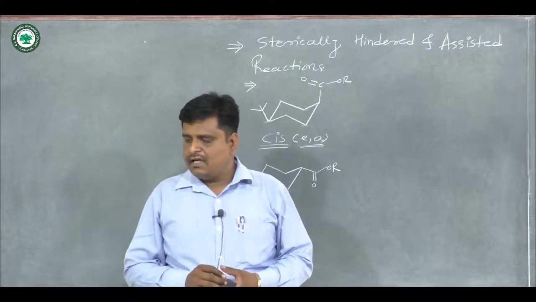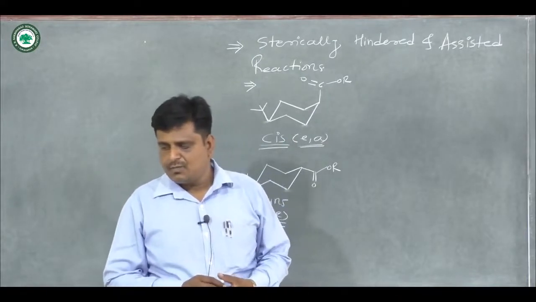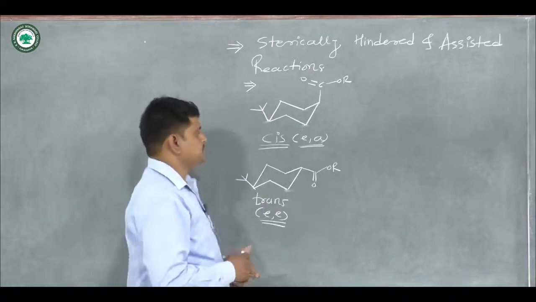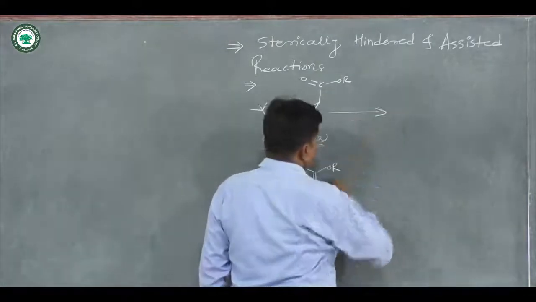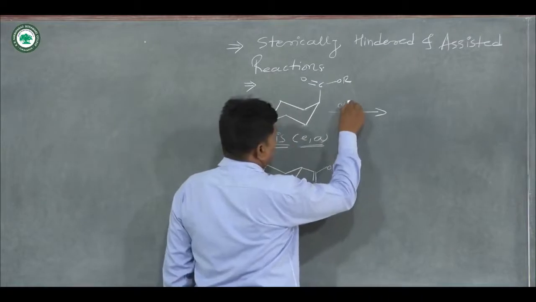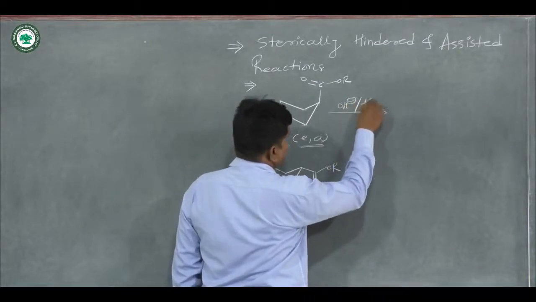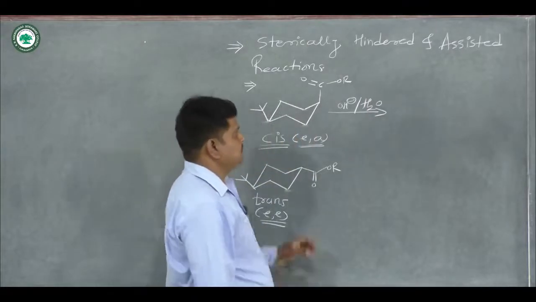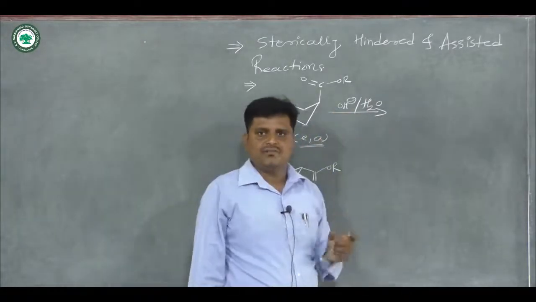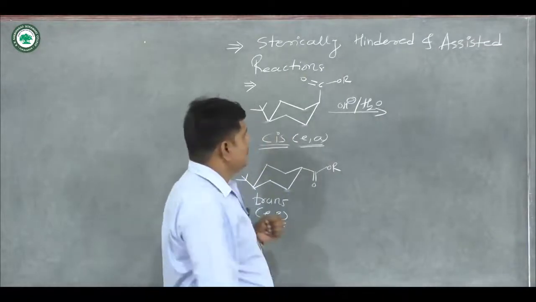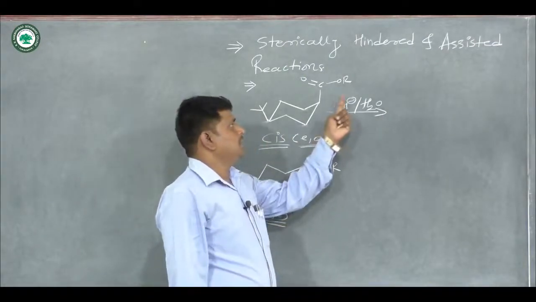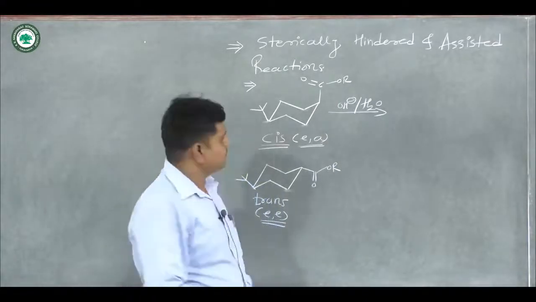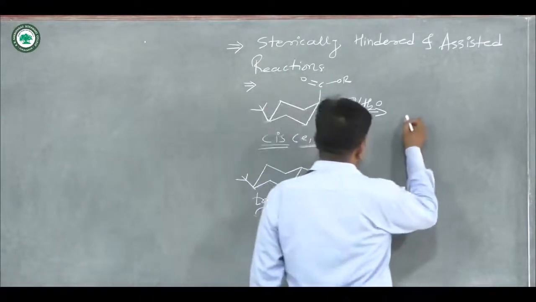In this case, suppose we carry out saponification, with OH minus. This OH minus acts as a nucleophile and attacks the carbonyl carbon atom of the ester, and at that time we get a bulk.